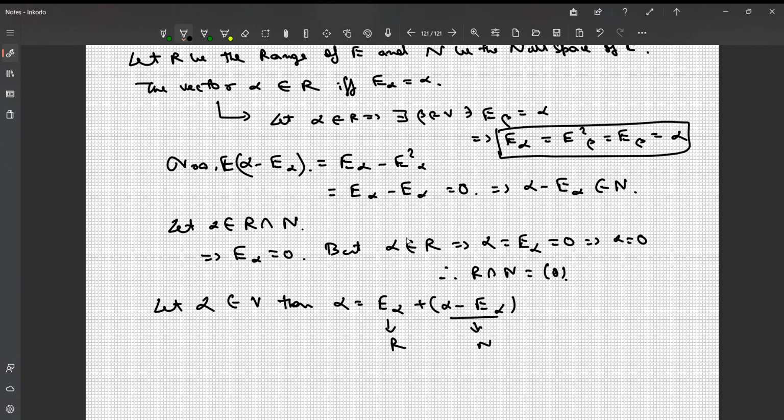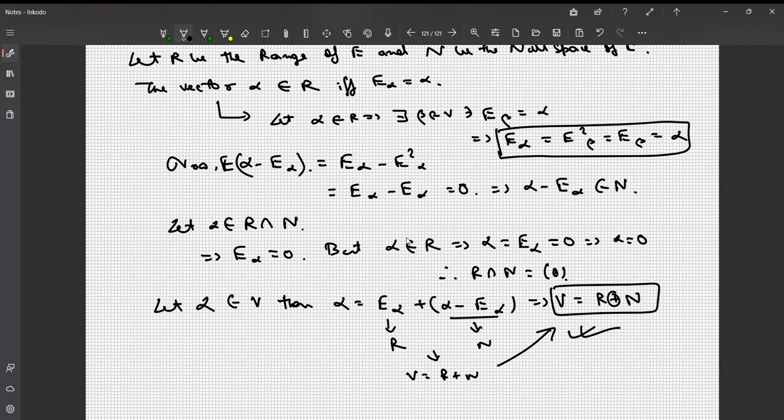Range space and null space are independent, so that implies V is a direct sum, right? Because this readily implies that V is equal to R plus N, and R intersection N is the 0 element. So this is obvious, right? Clear? Therefore, any vector space you have, you can decompose it into the range space and the null space, provided you have a projection operator.